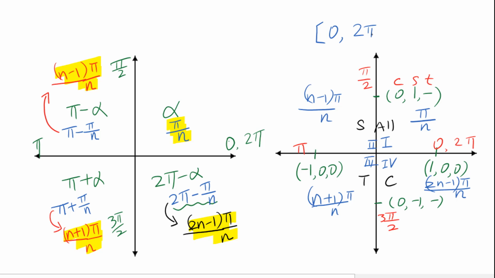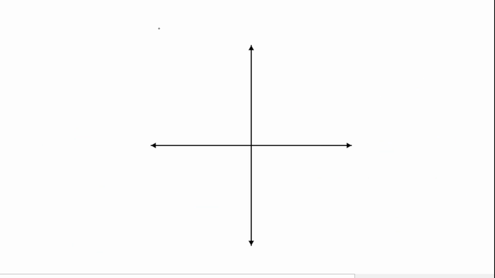0 to 2 pi. Now, let's draw the diagram in the closed interval from negative pi to pi. For this closed interval, we will split it into two parts, 0 to pi, and also from negative pi to 0.